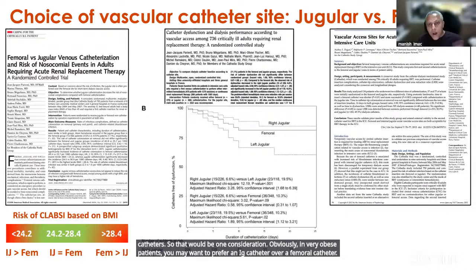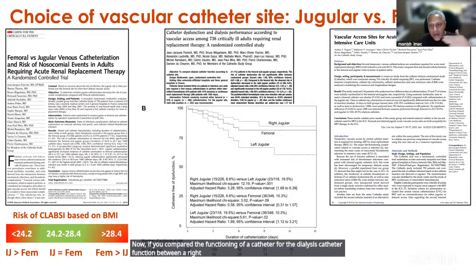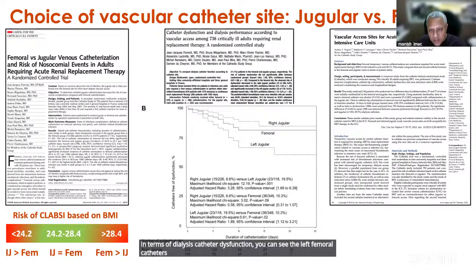Now, if you compare the dialysis catheter function, using the right IJ as the comparator, if you compare the performance of a left internal jugular or a femoral catheter in terms of dialysis catheter dysfunction, you can see the left internal jugular catheters perform the worst as compared to femoral catheters or right internal jugular vein catheters.